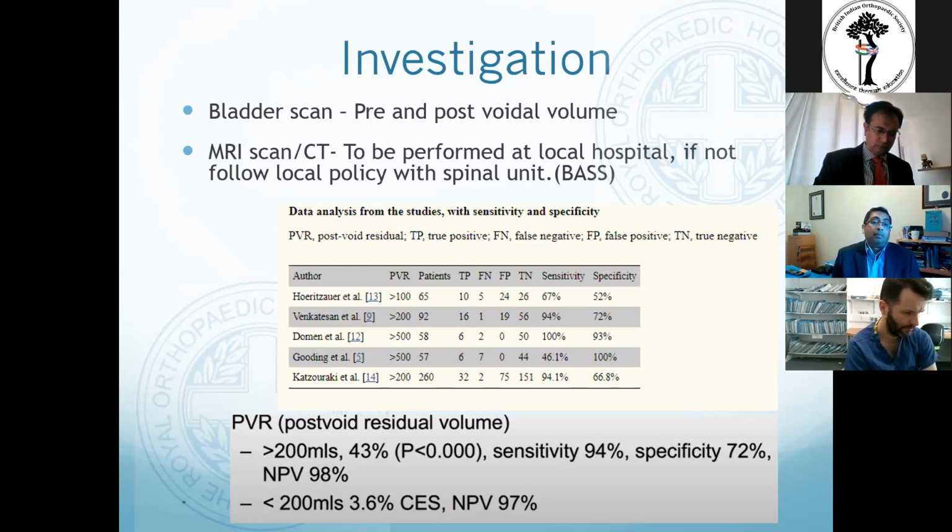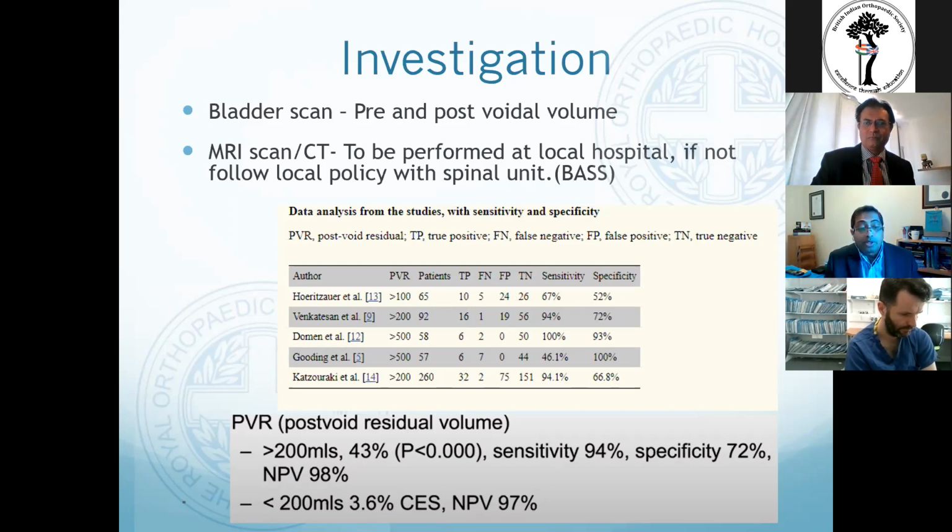The second one is a bladder scan. More and more, the bladder scan, especially the pre and post void volume, but most importantly the post void volume, is being used as an adjunct for suspected cauda equina syndrome. Various meta-analyses and papers have been published on the PVR residual. You can see 100, 200, 500, and definitely as the volume goes up, the predictive value goes up and up.